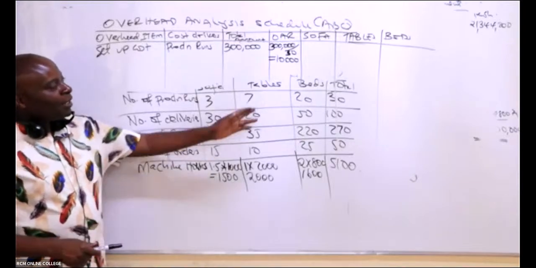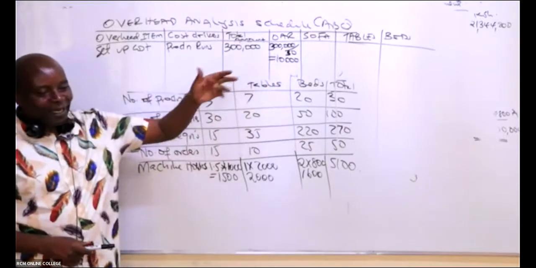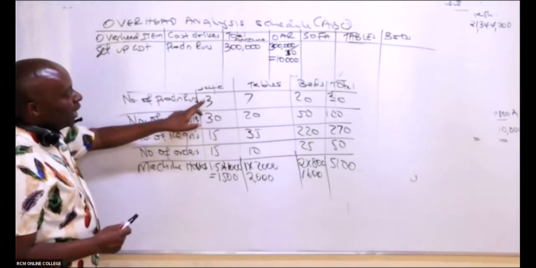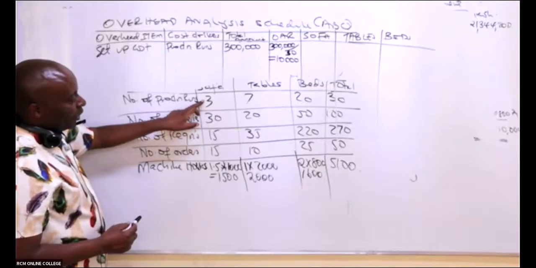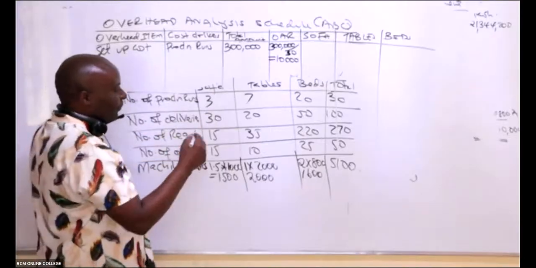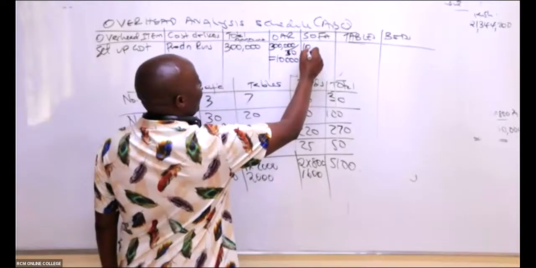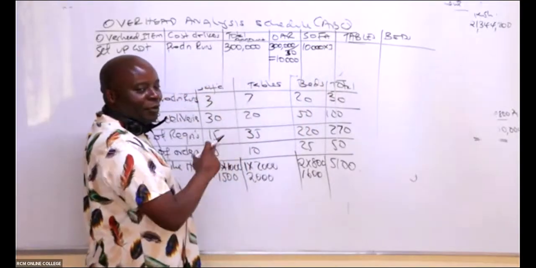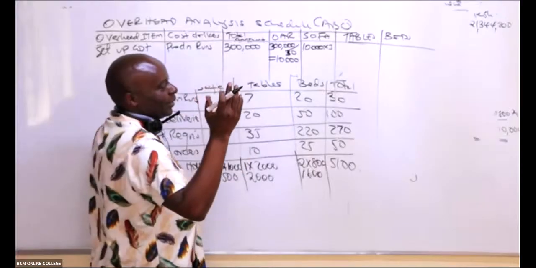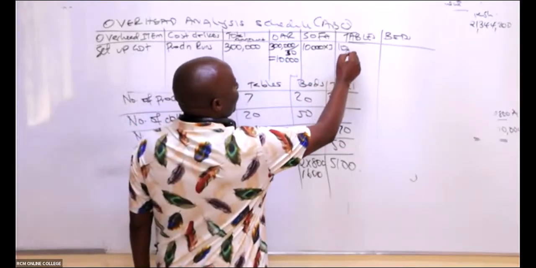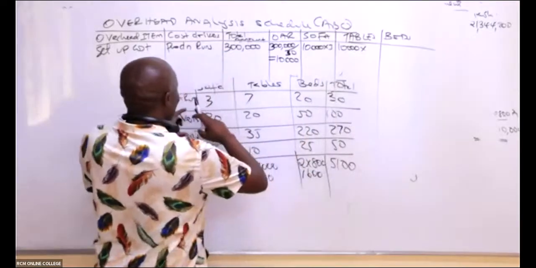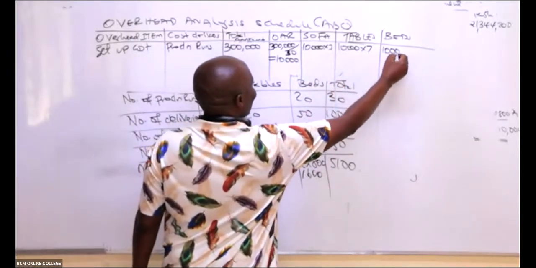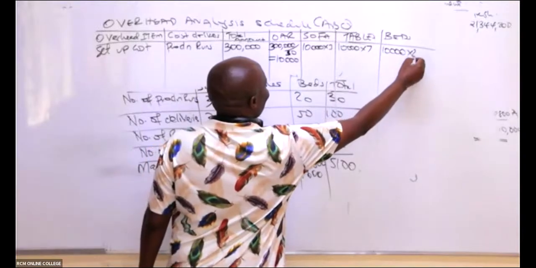So how do I spread this amount to the sofas, tables, and beds? We have the production runs for sofa sets, so this will be 10,000 times 3. You don't have to do these workings in your exam; if you just understand, you post the answers direct. This will be 10,000 times 7, and this 10,000 times 20.